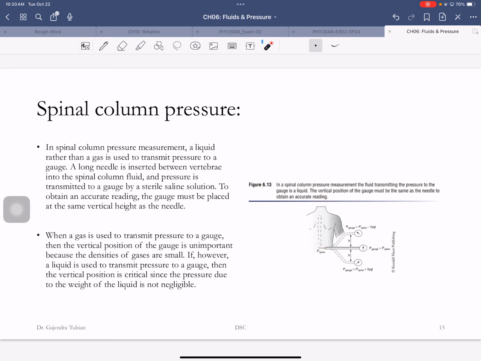We'll talk about this in the next chapter. If something gets blocked, the fluid in the brain will not be connected to the spinal fluid, and that's a problem. And so they measure this pressure.